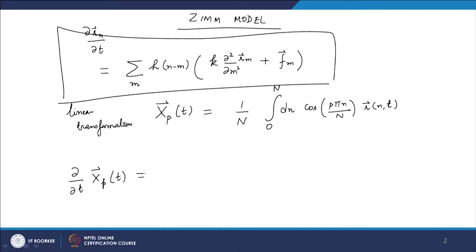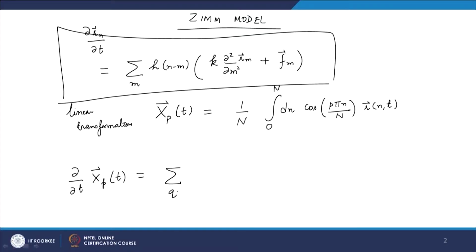We can call them the Zimm modes now if you prefer, and this is a sum over something, H_pq. In fact, what we had is very similar to what we had in the Rouse case, except that now we have a summation appearing on the right hand side.